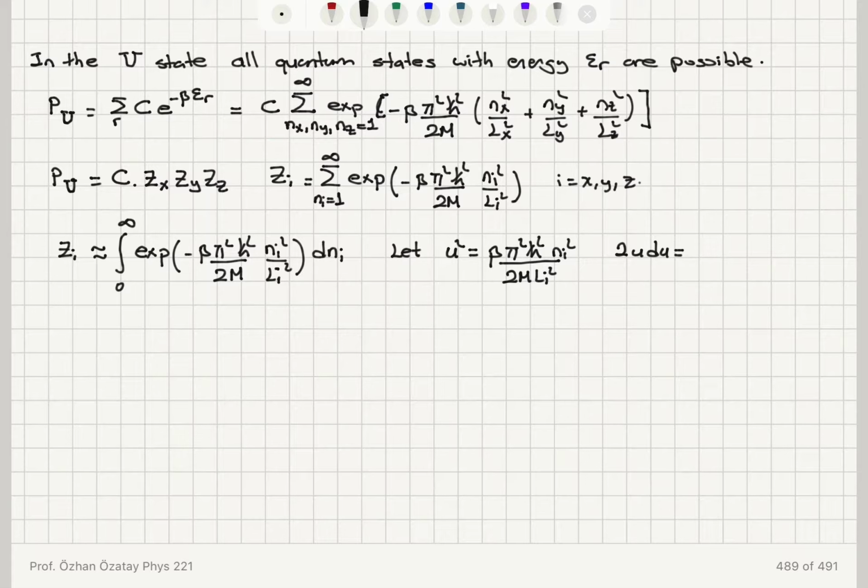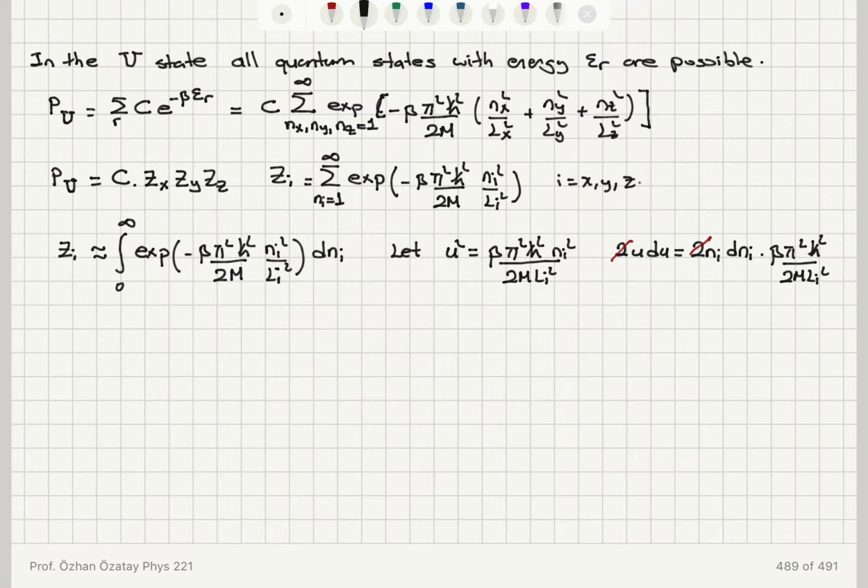du will be equal to 2 ni dni multiplied with beta pi squared h bar squared divided by 2m li squared. The 2's will cancel.